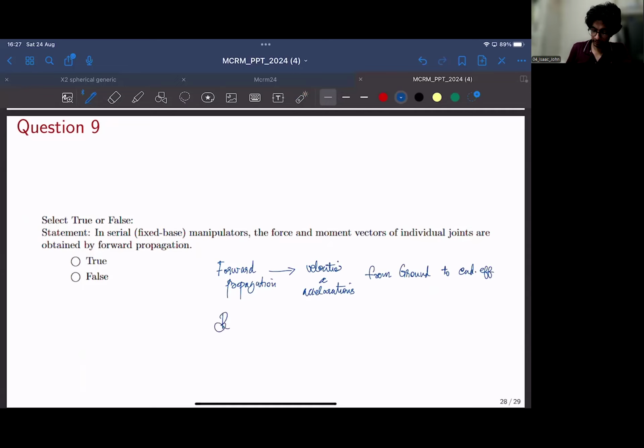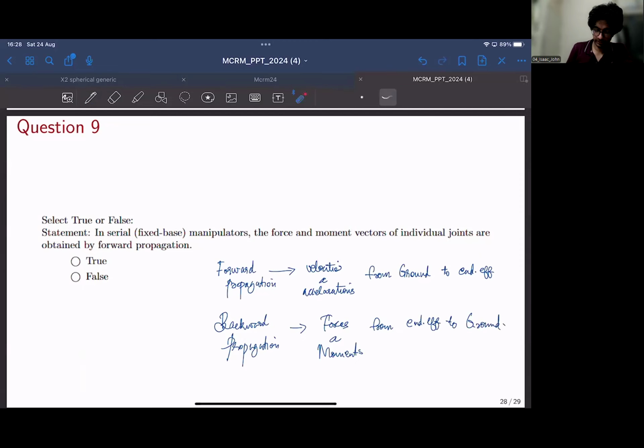And in the case of backward propagation, we propagate forces and moments from end effector to ground. So this statement actually means neither.